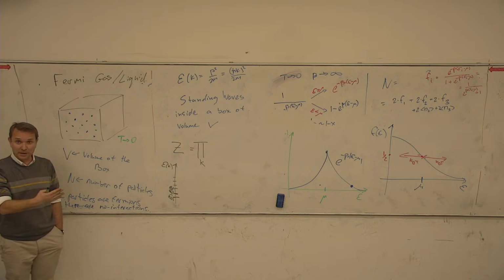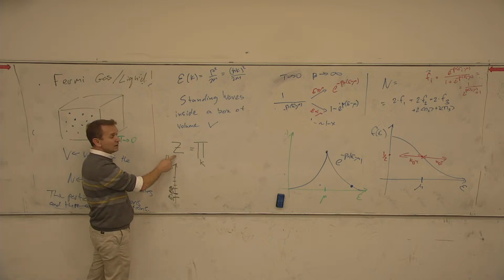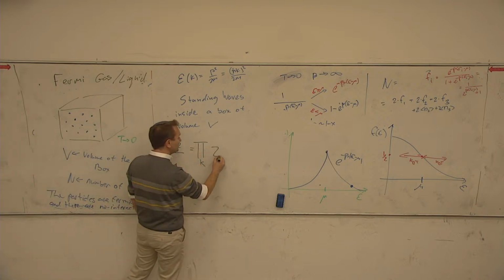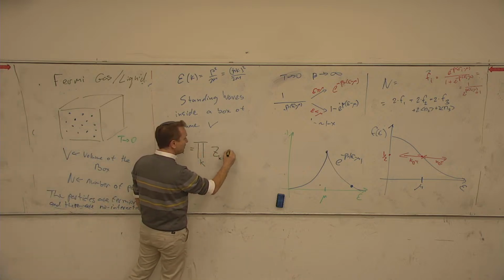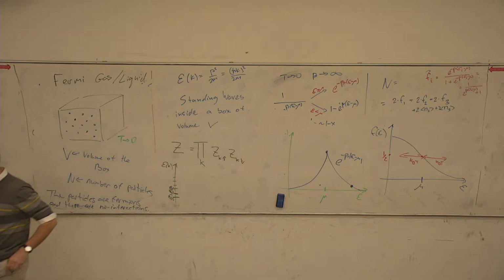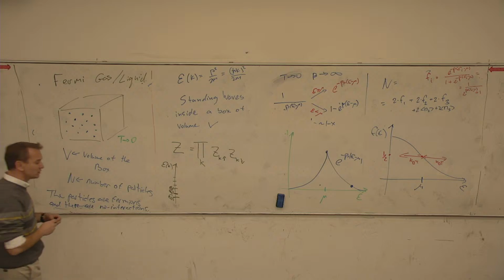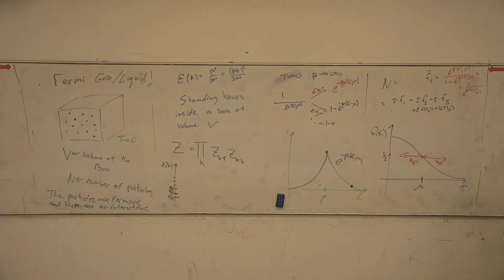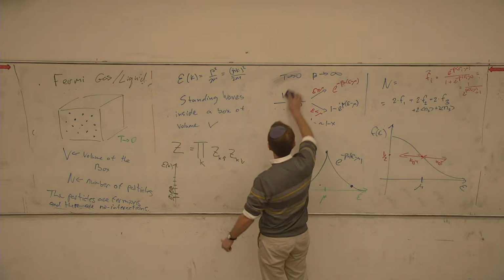If I treat them independently, the only thing I need in order to compute the partition function is the partition function of each single state. So I call them z_k up and z_k down. I'm assuming that I have fermions and the spin degeneracy is plus 1/2 and minus 1/2.